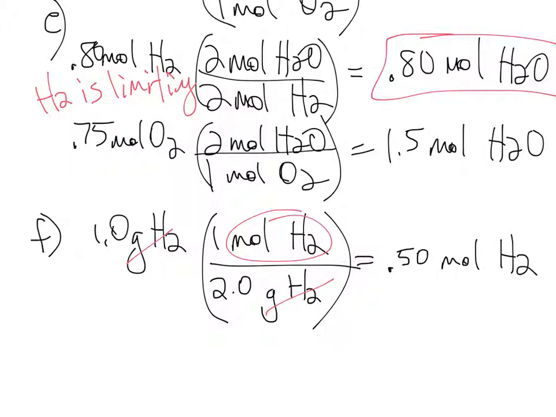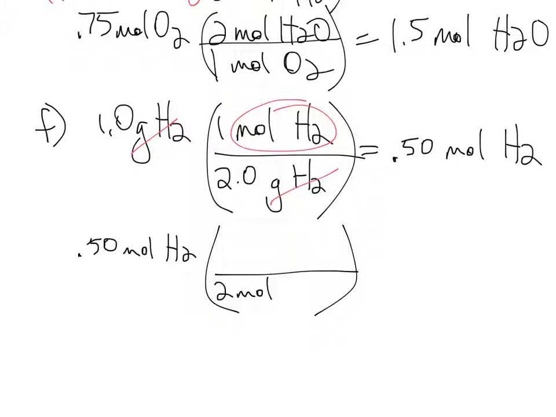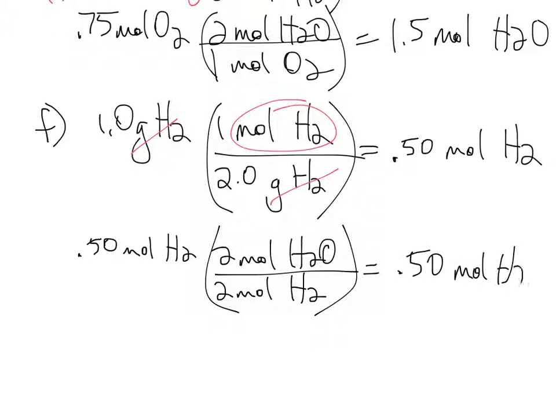Once you've got that, then it's the same as parts D and E. So if it's 0.5 moles of H2, then go back to the equation and look at the molar ratio. 2 moles of H2 for every 2 moles of water. You get 0.5 moles of water produced. The other reactant they gave us in the problem in units of moles directly, so we did not need to use molar mass.